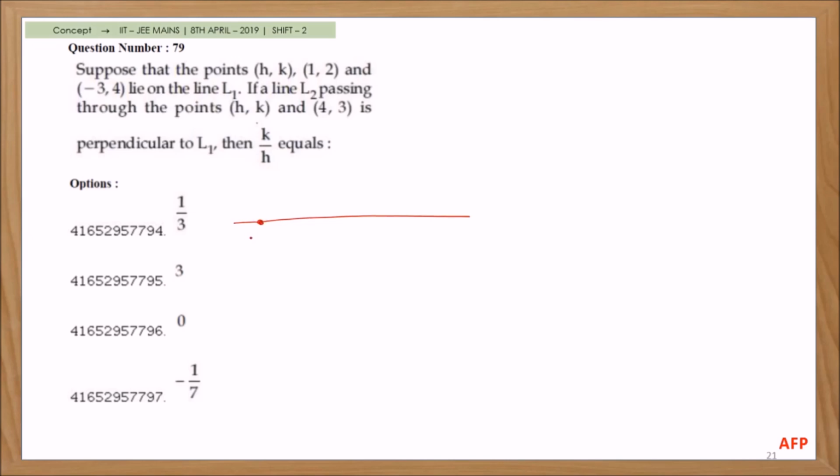So this is one point (1, 2), this is one more point (-3, 4), this is one more point (h, k). So one more line we shall draw, the perpendicular line passing through this point, and it is 90 degrees. So this is L1, this is L2, and it has the point (4, 3).